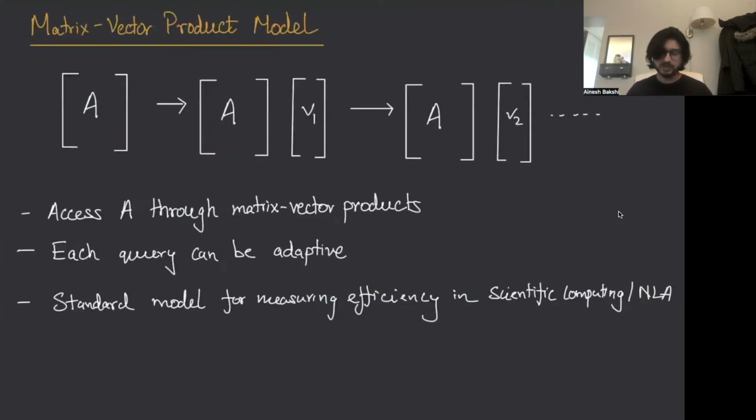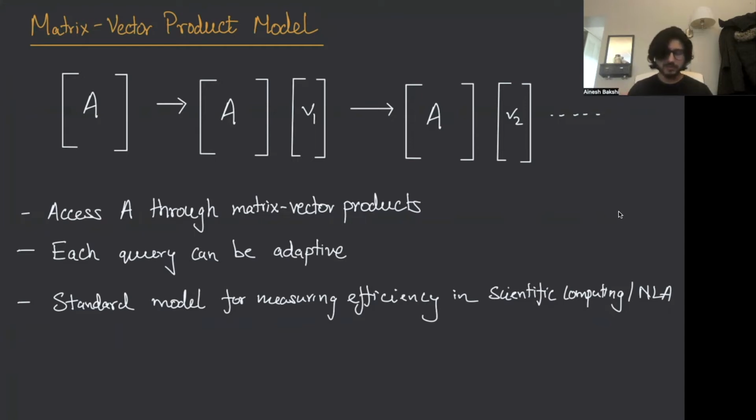Okay, before I describe any algorithm, let me talk about the model of computation that we will be considering. The model that we'll work in is the matrix vector product model, and this provides a good abstraction for comparing algorithms, as well as proving lower bounds.